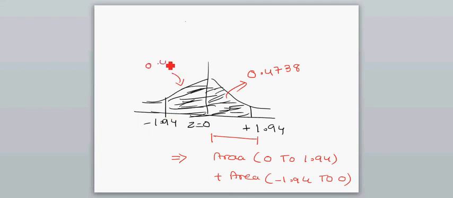So this is also 0.4738. Then the total area required is this and this. When you add these two numbers, 0.4738 plus 0.4738, you will get the required area, which is 0.9476.